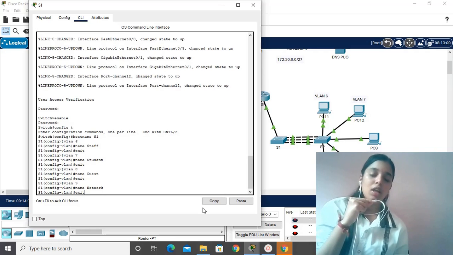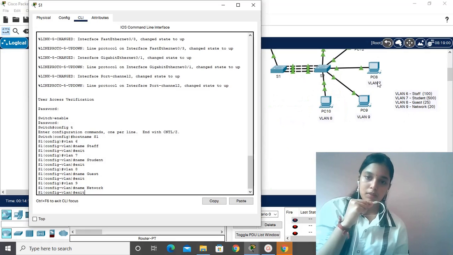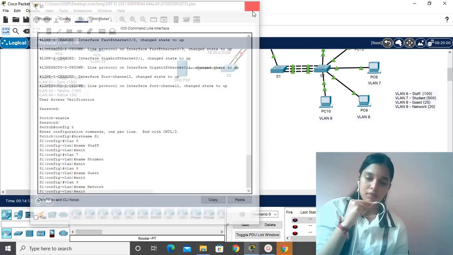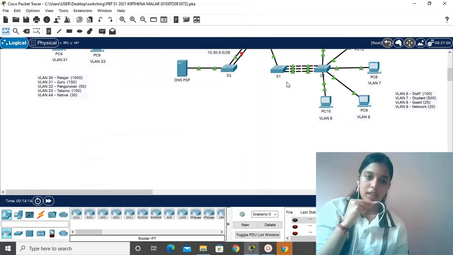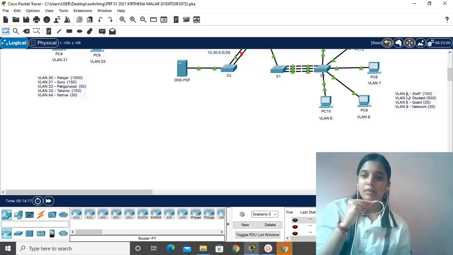Okay, that's all. Every switch must have the VLANs and names of Staff, Student, Guest and Network.